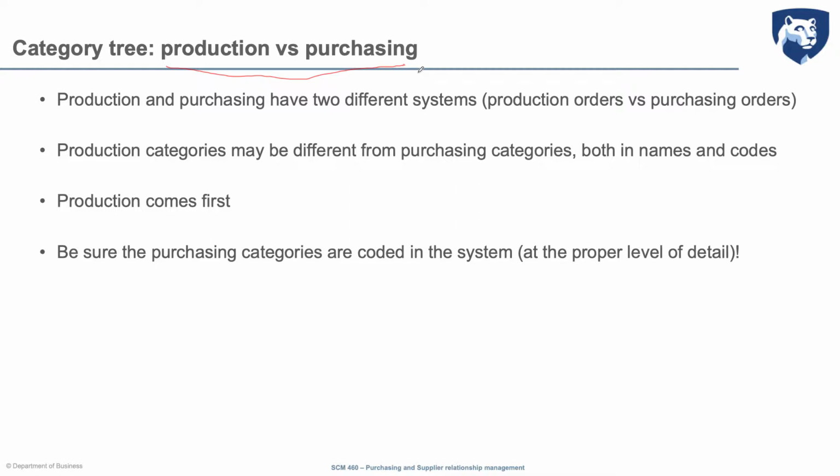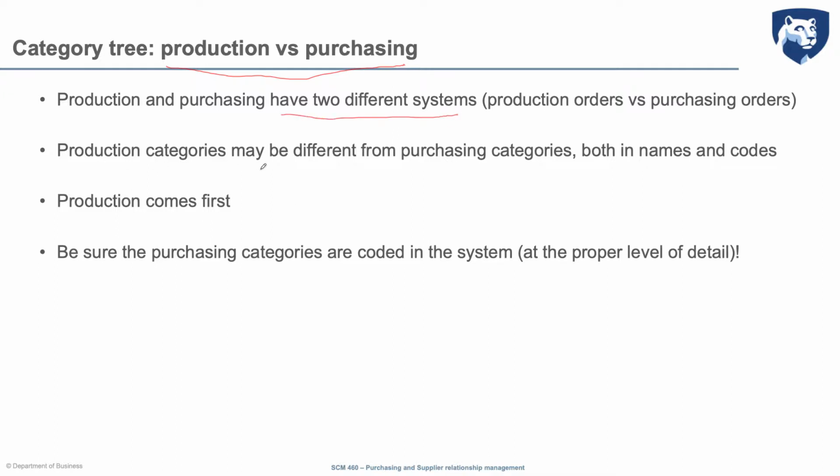One is purchasing, following a more managerial perspective, and one is production, which follows a more technical perspective. From case to case, when you extract the purchasing category tree and the production category tree, you need to understand which is the best representation, the best organization of categories to be used for your analysis. Because again, production and purchasing have two different views.